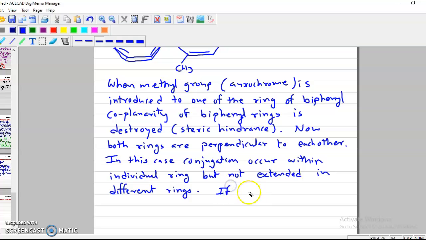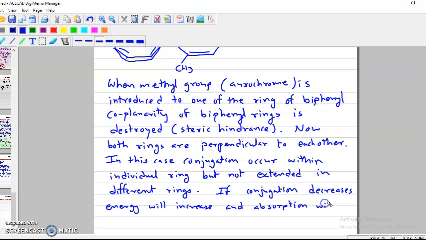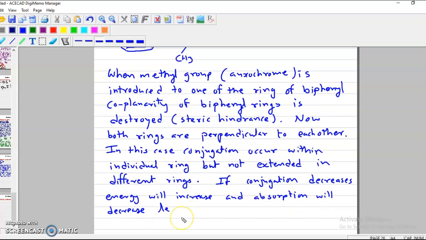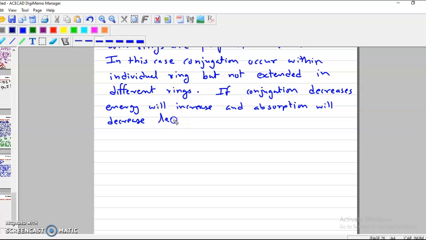So if conjugation decreases, energy increases, and absorption will decrease, leading to absorption of lower wavelength light.